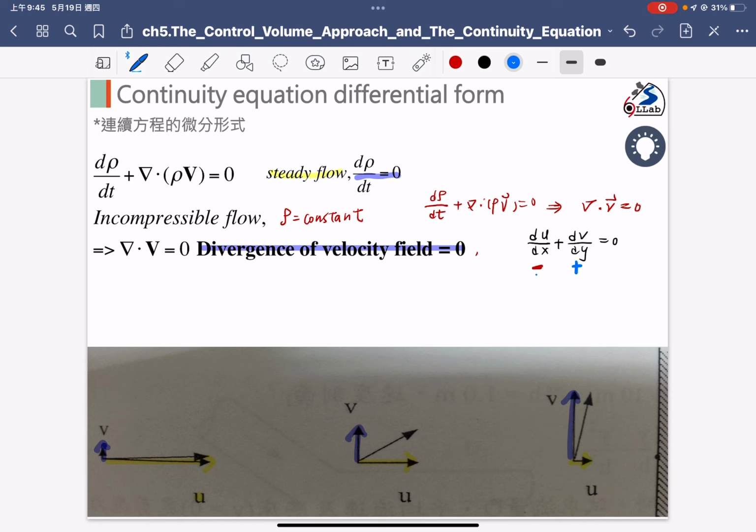So one minus and one positive finally equal 0.